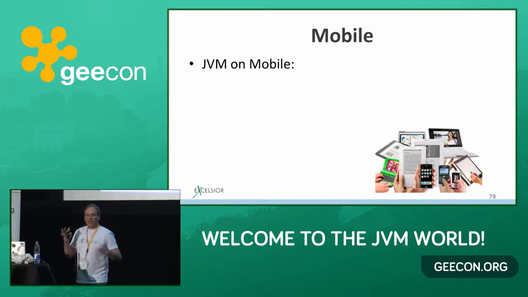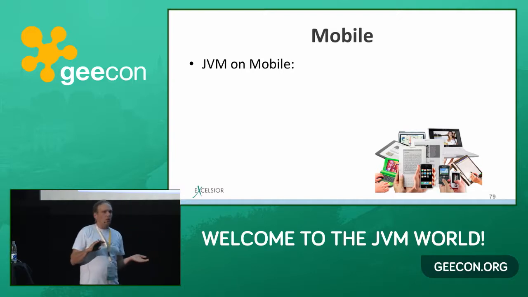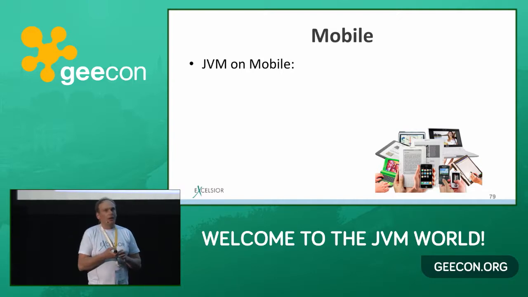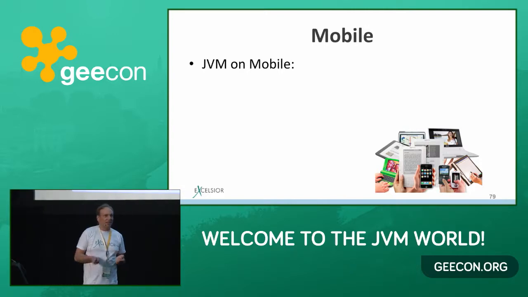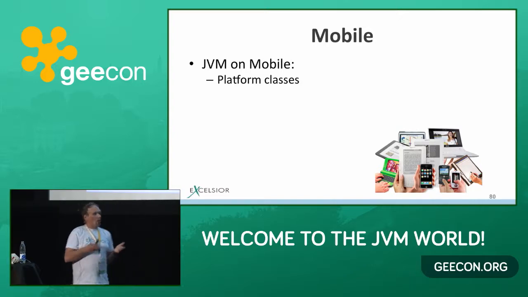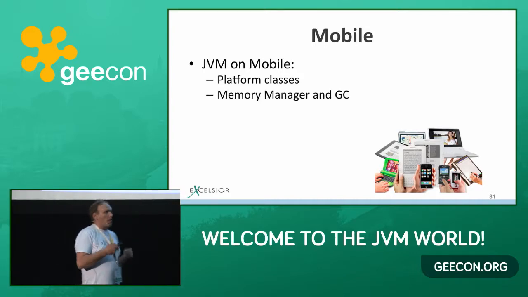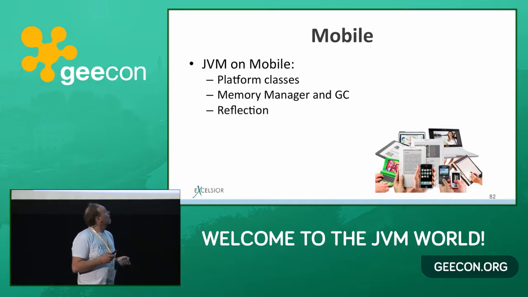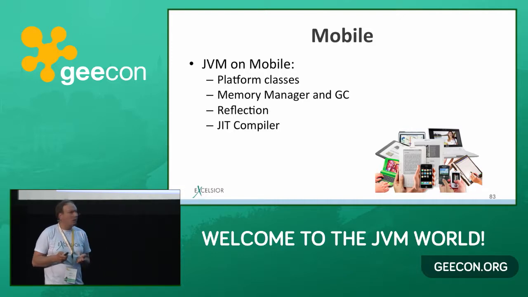And somewhere between the desktop and embedded worlds lies the beautiful world of modern mobile devices. Let's now think how a JVM can look on a mobile platform. Of course, it needs platform classes, a memory manager and GC, reflection, you can live without reflection, but I would say not, and a JIT compiler.